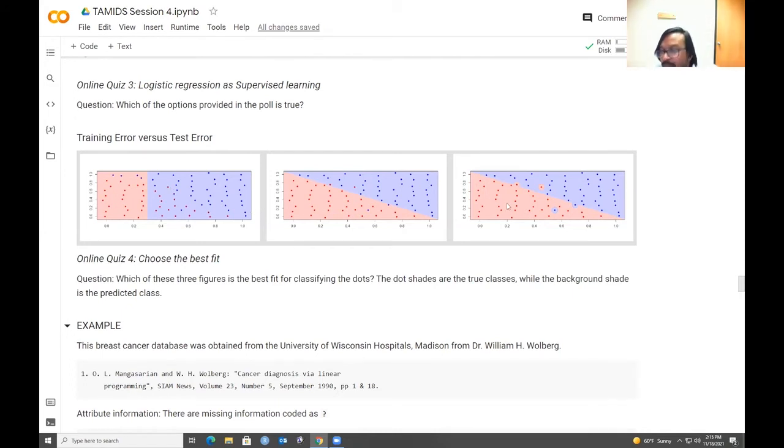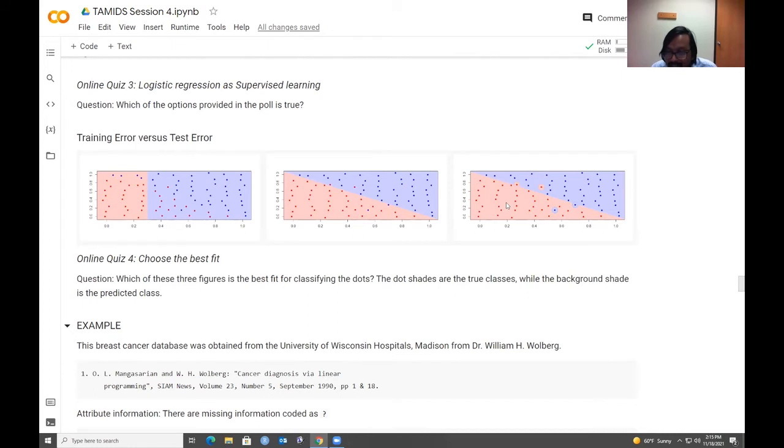So among these three plots, which one of these is the best fit? Please try the poll and see which one of these plots provides the best fit.